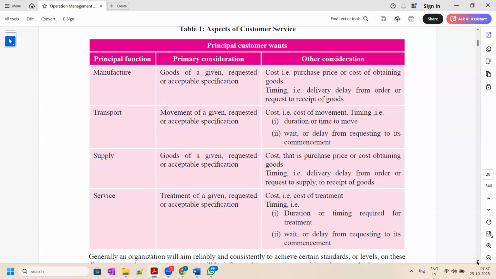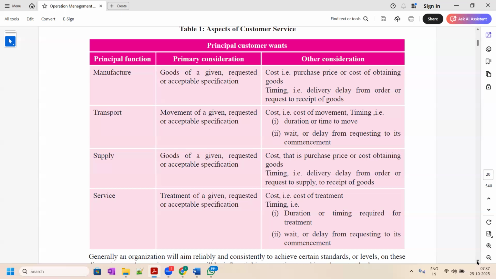The next parameter is supply. When we talk about supply, we are talking about what the customer wants in a good of required or acceptable quality, where the parameters are the costing, the price or cost of obtaining the good, and the delay between ordering and receiving the good.